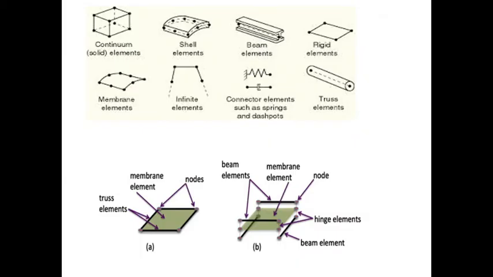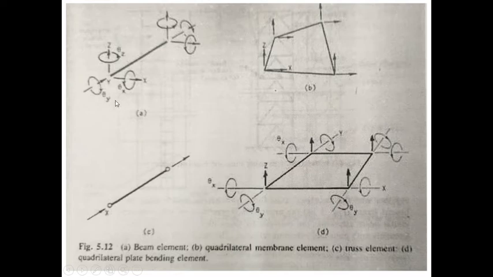This is the beam element, quadrilateral membrane element, the truss element, and the quadrilateral plate bending element. For the beam there will be three translations and three rotations at one end, and at the other end three translations and three rotations, a total of 6 degrees of freedom. Here, 2 degrees of freedom at each node.